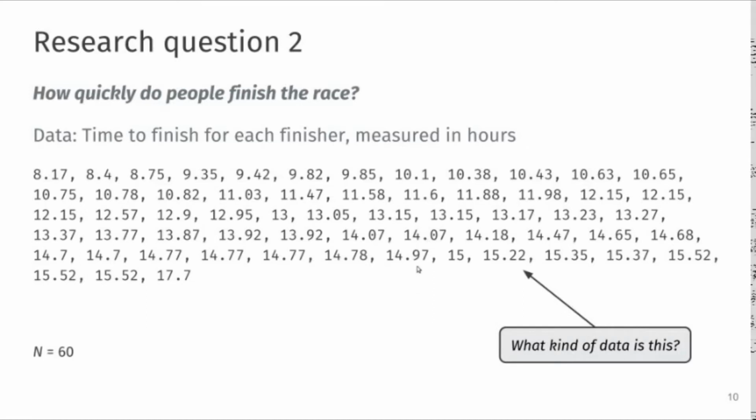And it could be anything greater than 0, assuming that someone finished the race. You could have 13 hours, you could have 13 hours and 1 minute, you could have 13 hours and 2 minutes, you could have any value in between. So, given all those hints, you should be able to infer what kind of scale these data lie on.